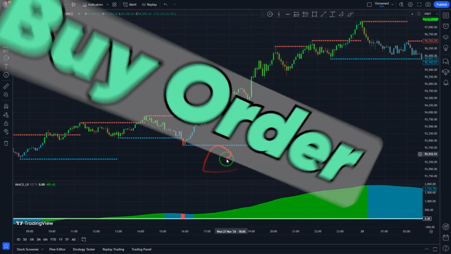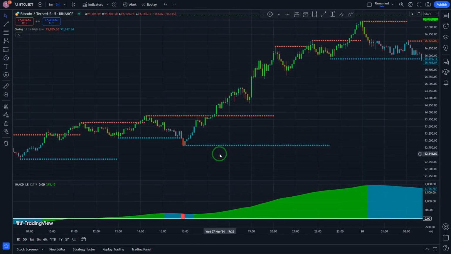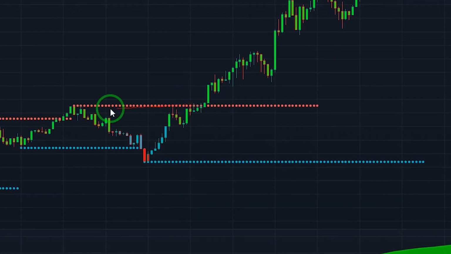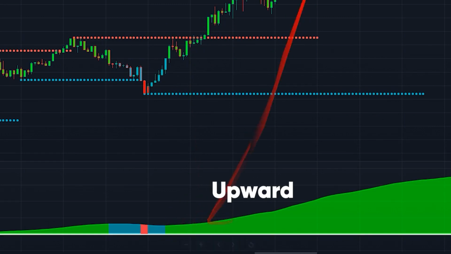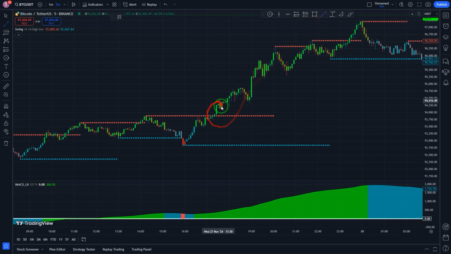Alright, let's get to our buy order. First of all, we need to look for a buy signal, which means we should search for a candle that has strongly broken through a resistance level. After that, we need to check the MACD indicator and make sure it's in the green and upward area. When these two conditions are met, we realize that we have found the right entry point.